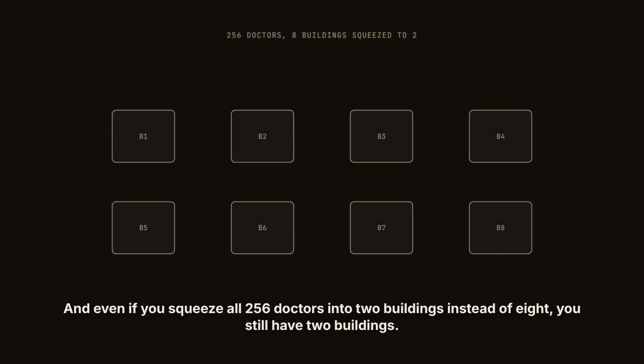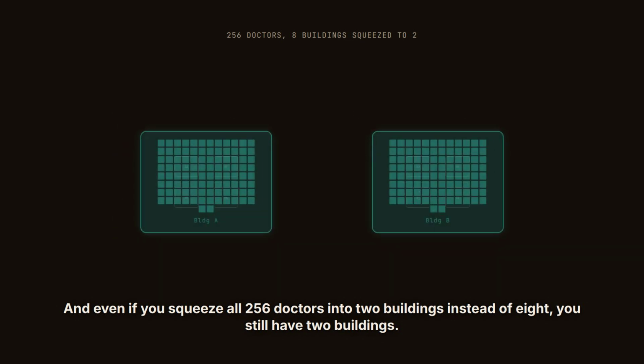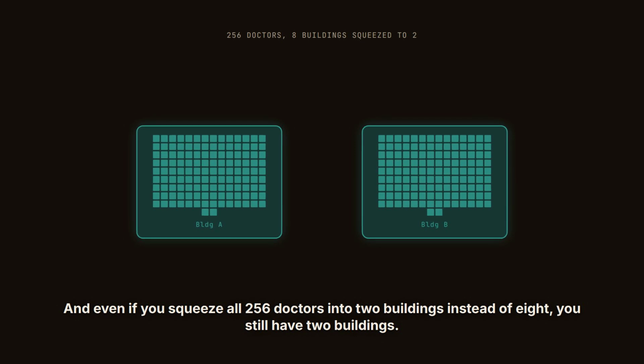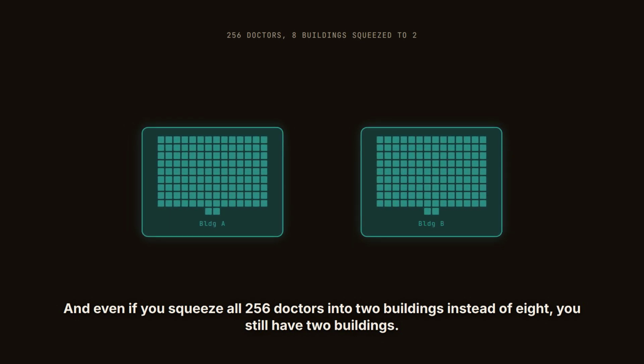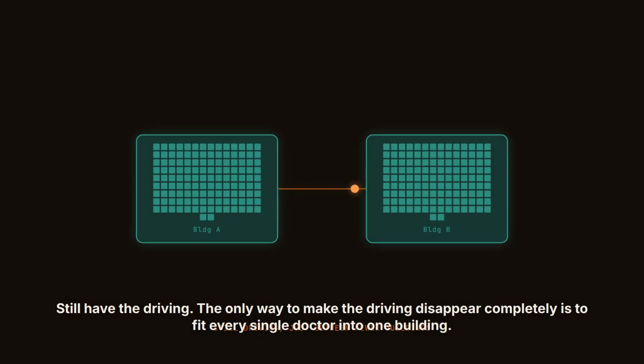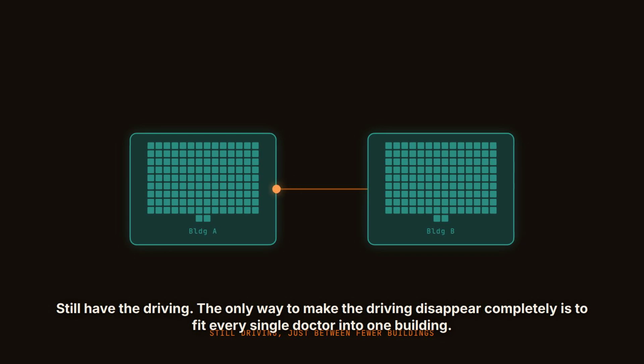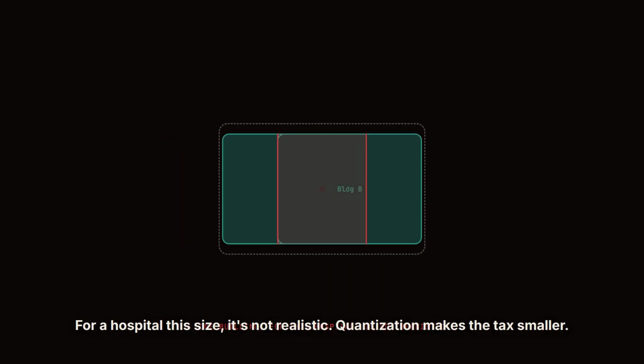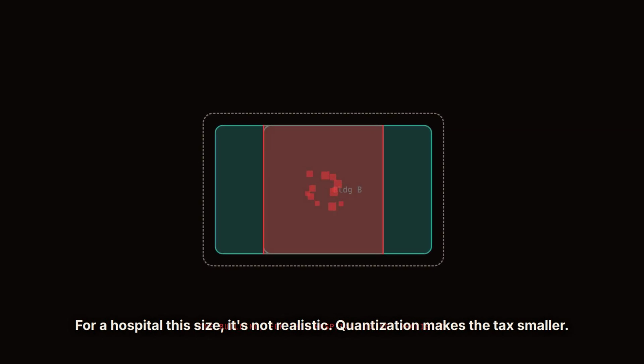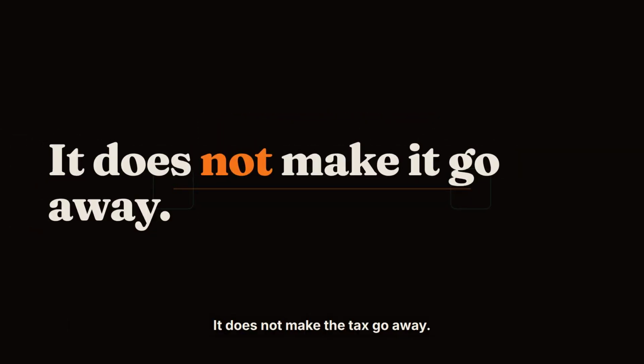And even if you squeeze all 256 doctors into 2 buildings instead of 8, you still have 2 buildings, you still have the driving. The only way to make the driving disappear completely is to fit every single doctor into 1 building. For a hospital this size, that's not realistic. Quantization makes the tax smaller, it does not make the tax go away.